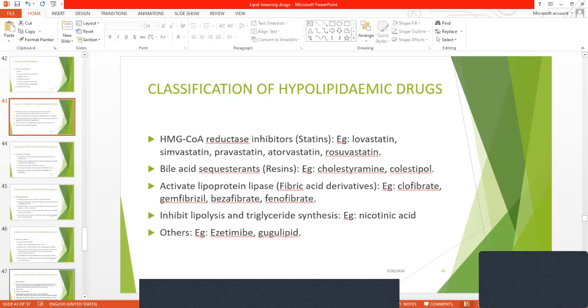Okay, if we combine niacin and reductase inhibitors, these are usually combined when the maximum dose of statin has failed to reduce the LDL cholesterol. So in these patients, adding niacin may be helpful. It can also be helpful in familial combined hyperlipoproteinemias also.